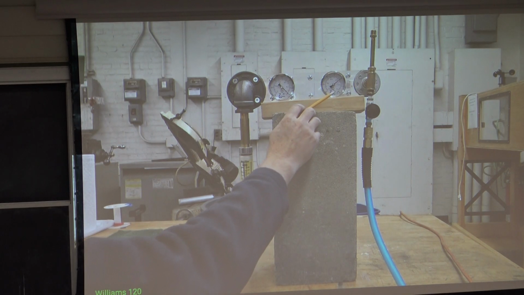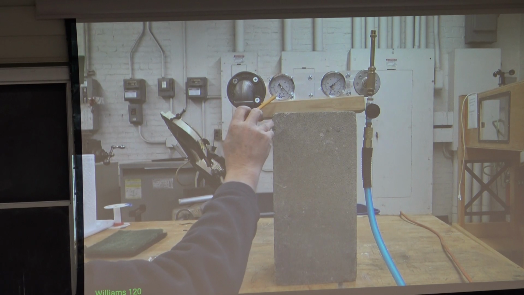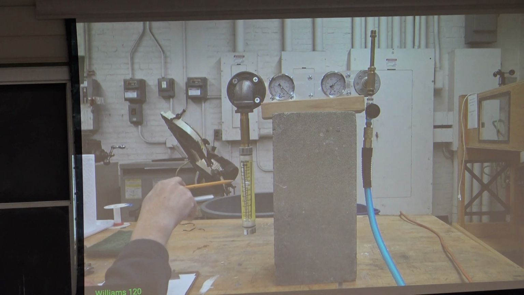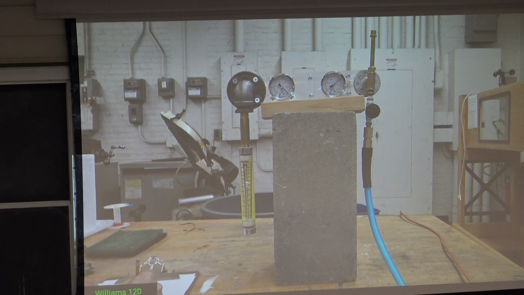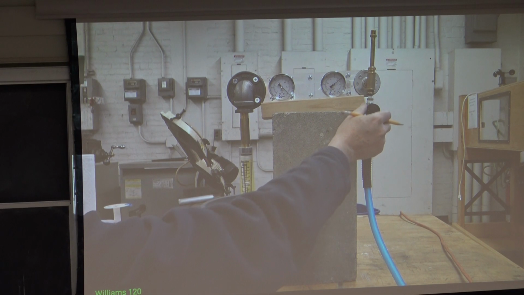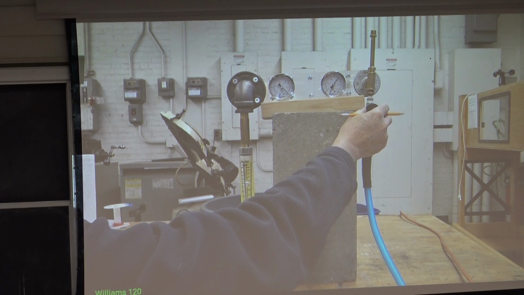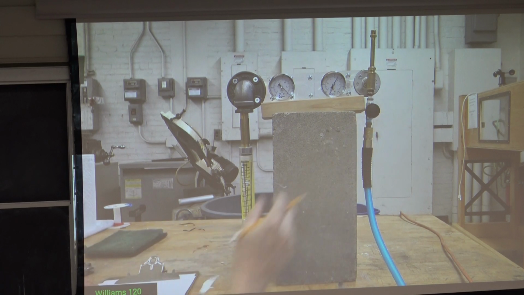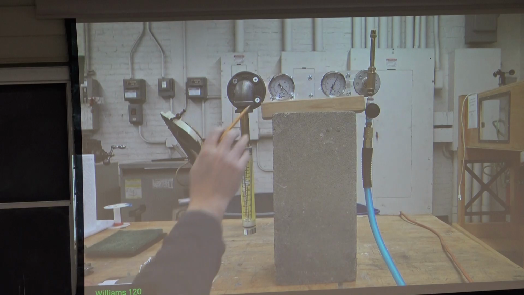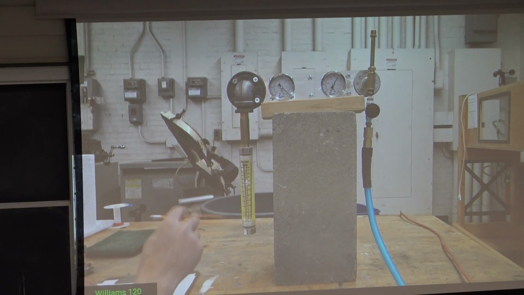We're at 10 inches of mercury suction. Still atmospheric. We've only got up to 0.7 now. There's 12.5 inches of mercury. Still atmospheric. And we're just over 0.7.